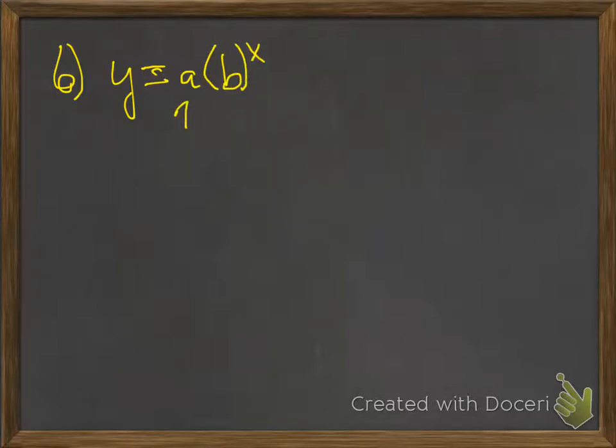Okay, so for question 6, they want you to put this into the form y equals a times b to the x power. A is the initial amount, so in this case 20. B is how much we keep in the bloodstream, which would be 0.7 to the x power. So that's just your answer for number 6.